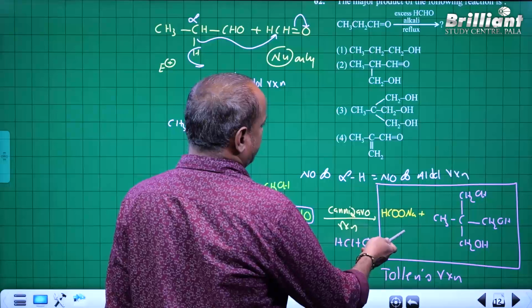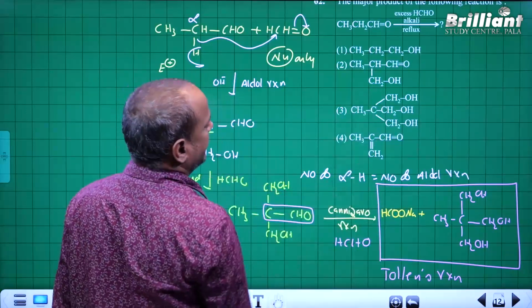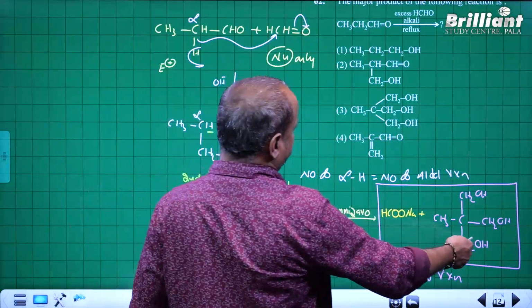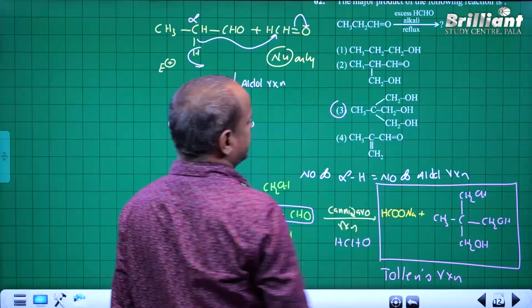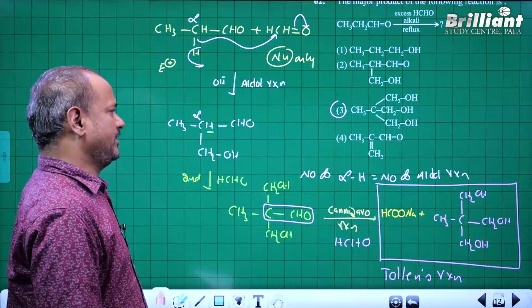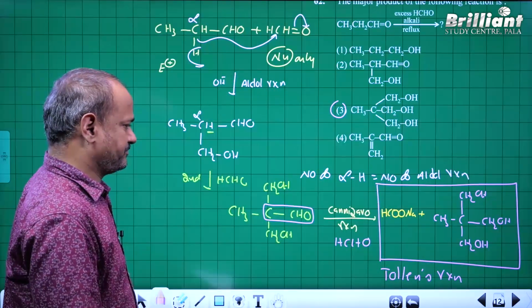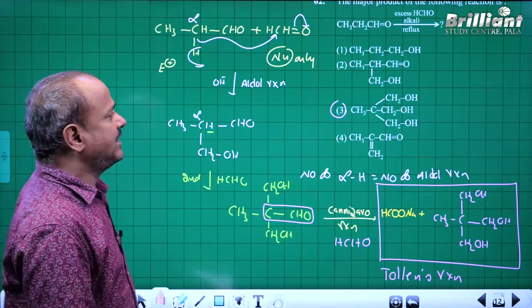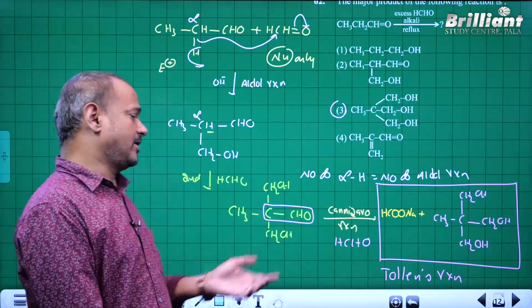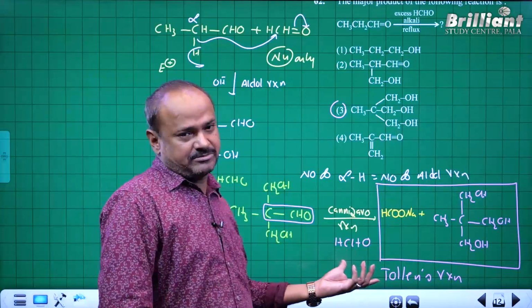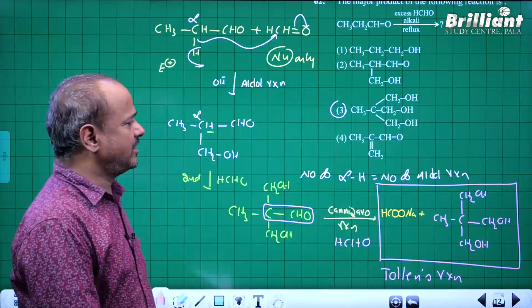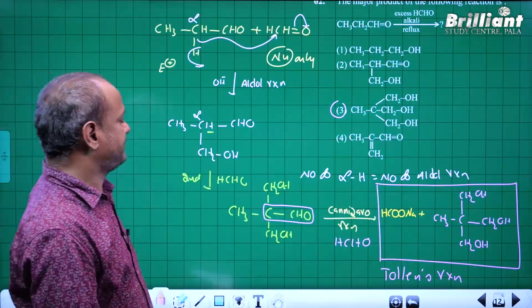We want only reduction compound. Reduction compound is this compound: CH3, CH2OH, CH2OH, CH2OH. So, name of reaction is Tollens' reaction. This is not in the textbook name reactions, but connecting to aldol condensation and also Cannizzaro reactions.